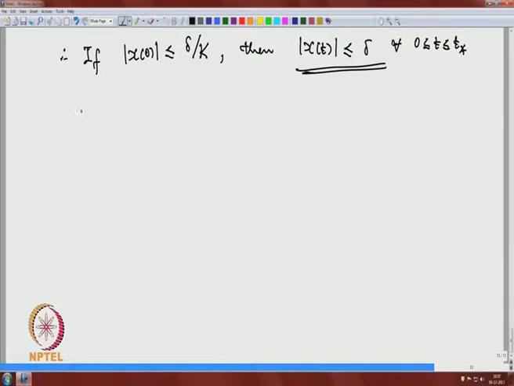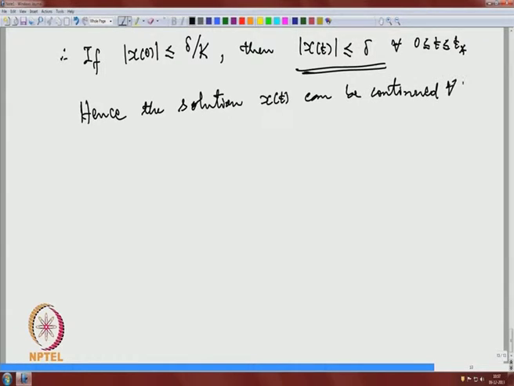Hence the solution, so this is the bound. The solution x t can be continued, so that means it exists for all t. And this is the smallness assumption.